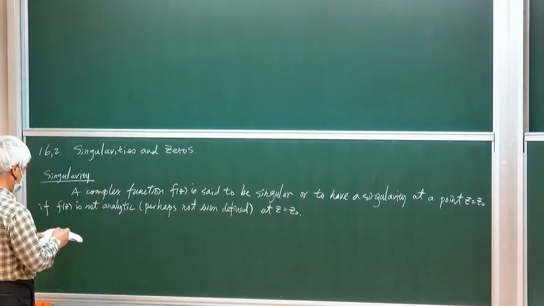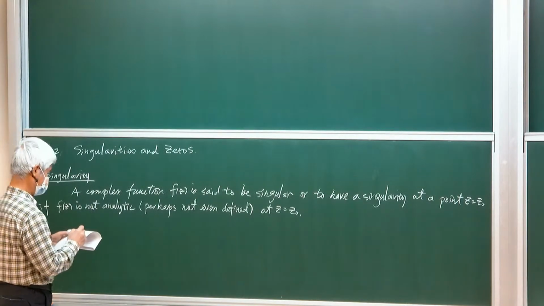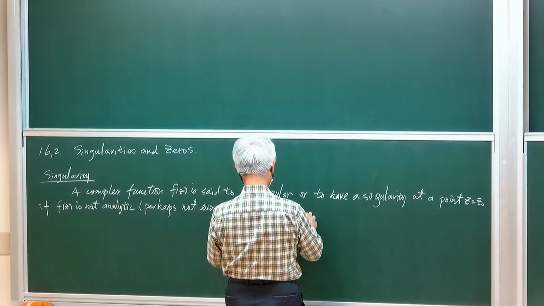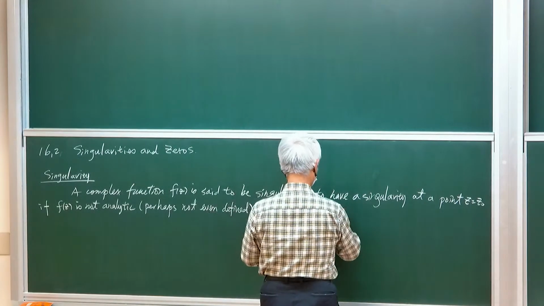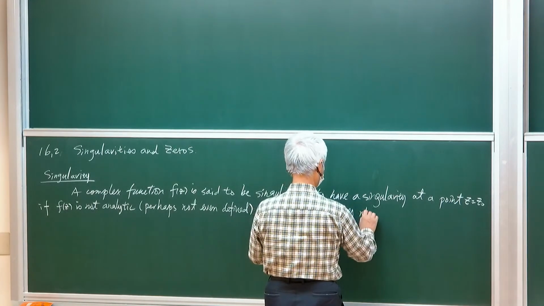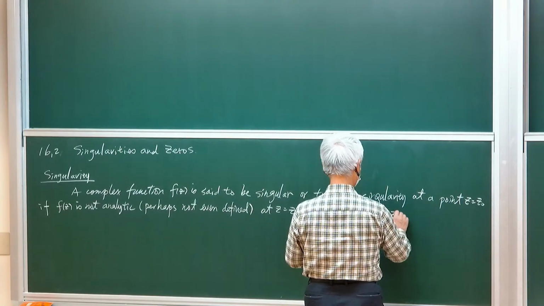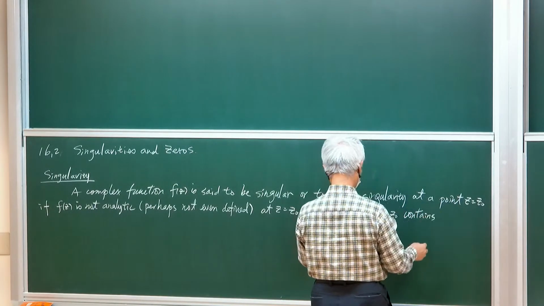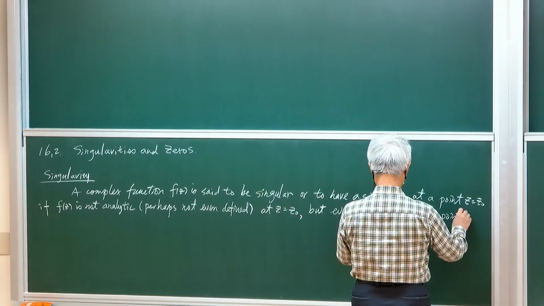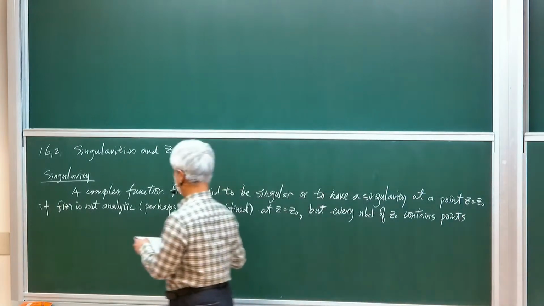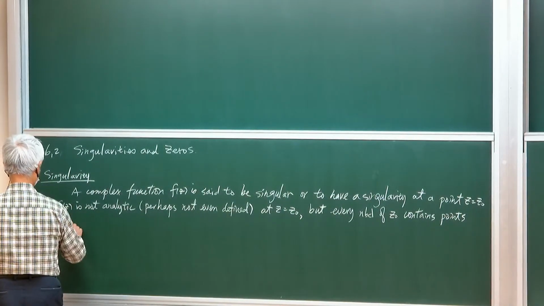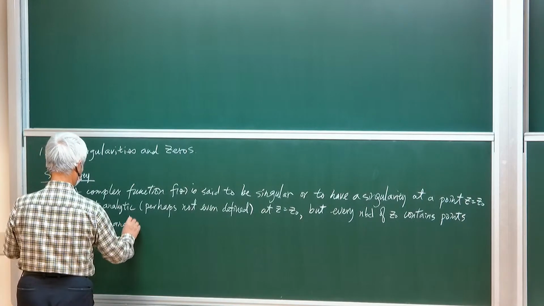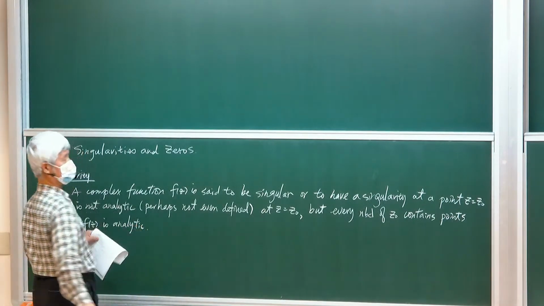Okay, so this is the first condition: it's not analytic at z equal to z0, but every neighborhood of z0 contains points at which f of z is analytic.